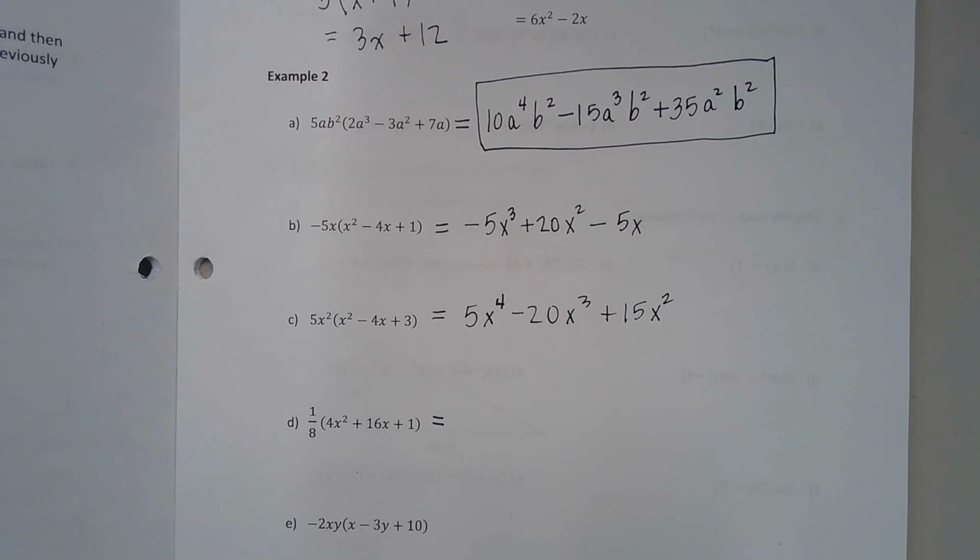Who got an answer? Anyone want to share? Vanessa, what'd you get? 1 out of 4x squared. Let me record this. Okay.